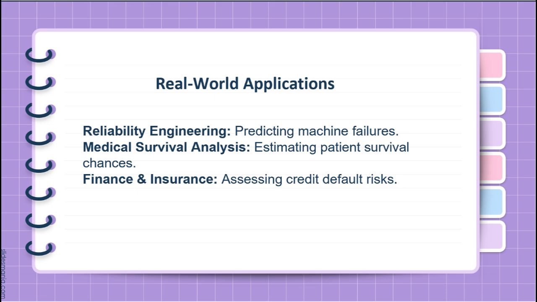Similarly, in finance and insurance, hazard rates are used to predict loan defaults or insurance claims, helping companies manage risk and set appropriate prices. Overall, hazard rate functions give important insights that help in making better decisions across various industries.